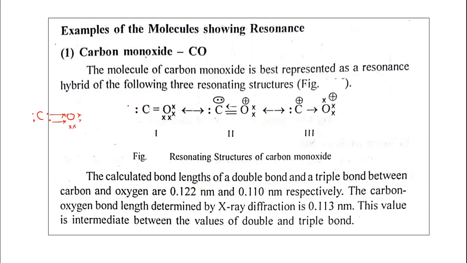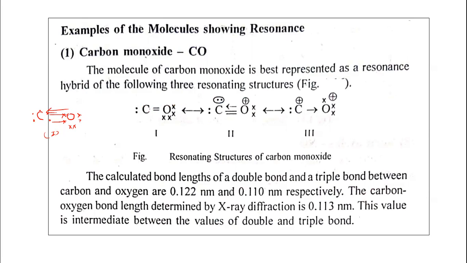Now these 2 electrons on the oxygen atom can be donated to the carbon atom, and there is formation of another bond in the second resonating structure. This is structure 1 represented here also. Now these 2 electrons are donated to the carbon atom, so the direction will be like this.